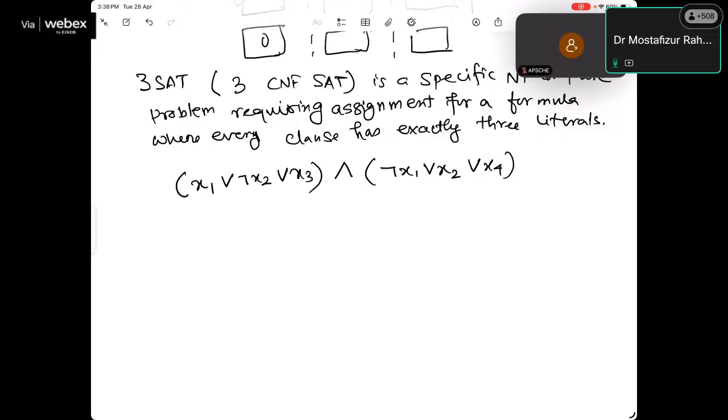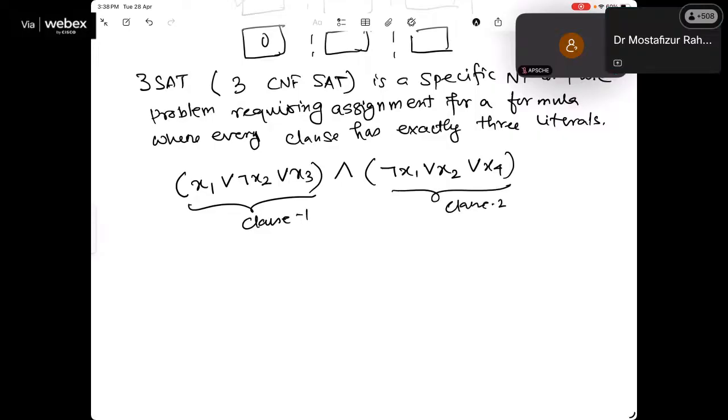If I have at least one true in each clause, this is clause 1 and this is clause 2, right? So clause 1 has to be satisfied, 1. This entire logic has to be 1. Then only I'll be getting a true answer for this, right? And we have to pick values for this particular combination, because I have only 3 literals here.